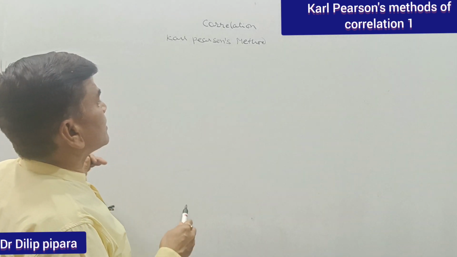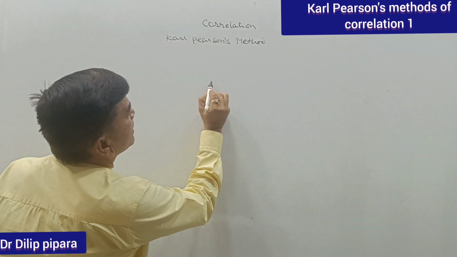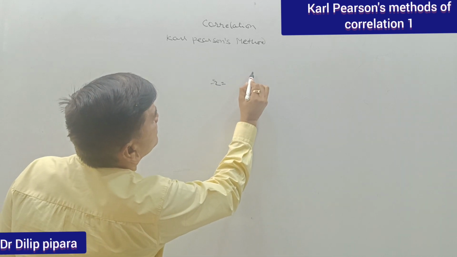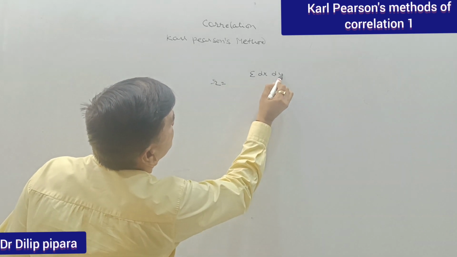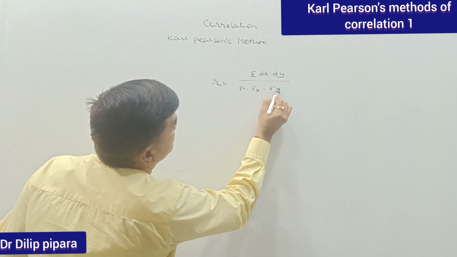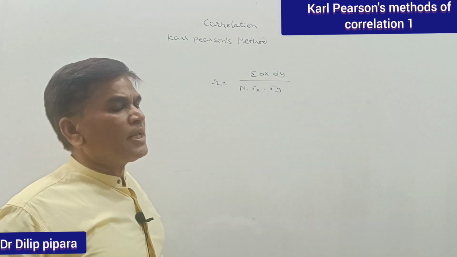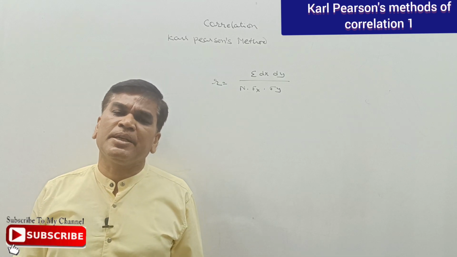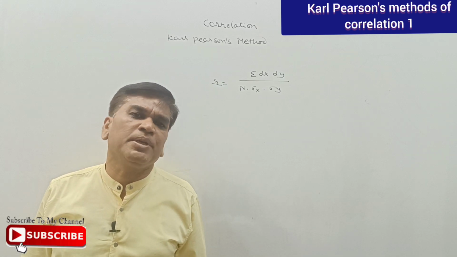In the direct method, r is the symbol of correlation, that is, sigma dx dy upon n multiplied by standard deviation x multiplied by standard deviation y. With the help of this we can calculate the Pearson correlation.